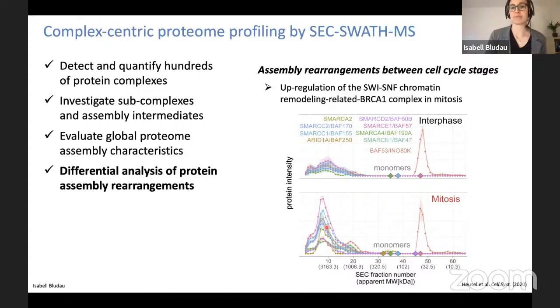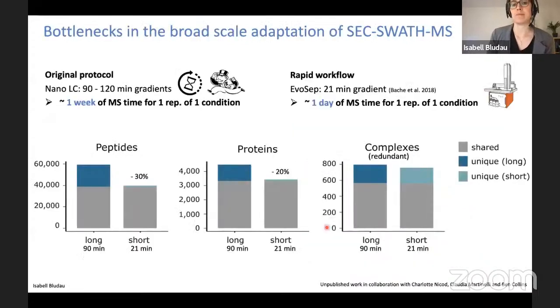experimental setup. So one bottleneck that we then discovered in this analysis is, as I said, we used 120-minute gradients in our initial experiment. And what this results in is approximately 1 week of MS measurement time for just a single replicate and condition.